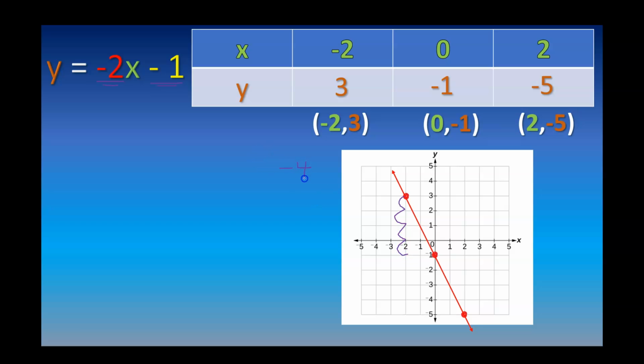So negative 4 on top. And then 1, 2 to the right. Positive 2 on bottom. That simplifies to negative 2, which is what we predicted because that's what's in the formula. The y-intercept is located here at 0, negative 1. Which makes sense because there's a negative 1 at the end of the formula.